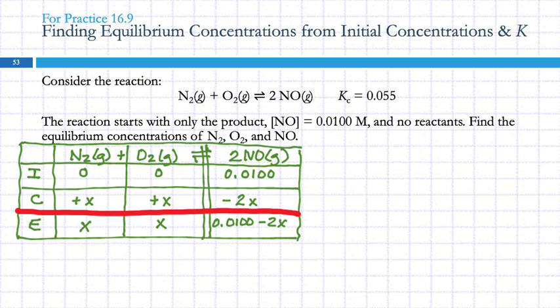Now we're going to write the equilibrium constant expression and plug these things into it and solve for x. I'm going to do this up on the top for a change. So K here is equal to NO squared divided by N2 times O2.